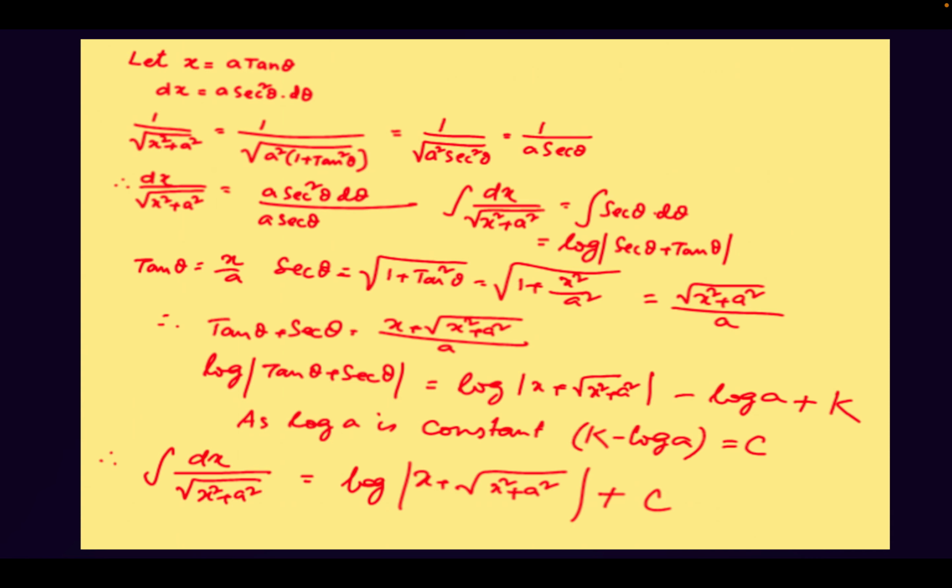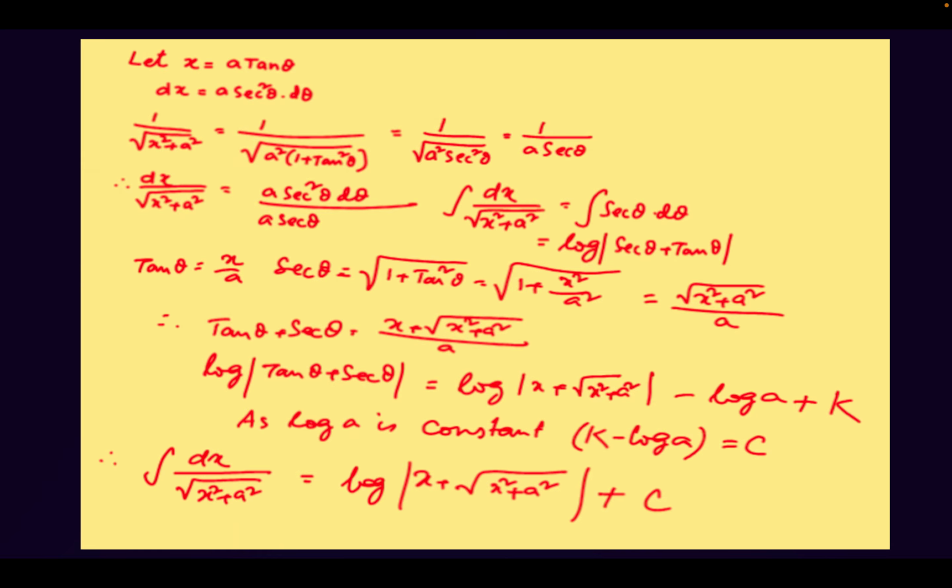And we know that whenever logarithm is taken, log of m by n is log m minus log n. Therefore, we get the logarithm of this expression in the variables, minus log a. And k is the constant of integration, so k minus log a is another constant that we are going to call c.